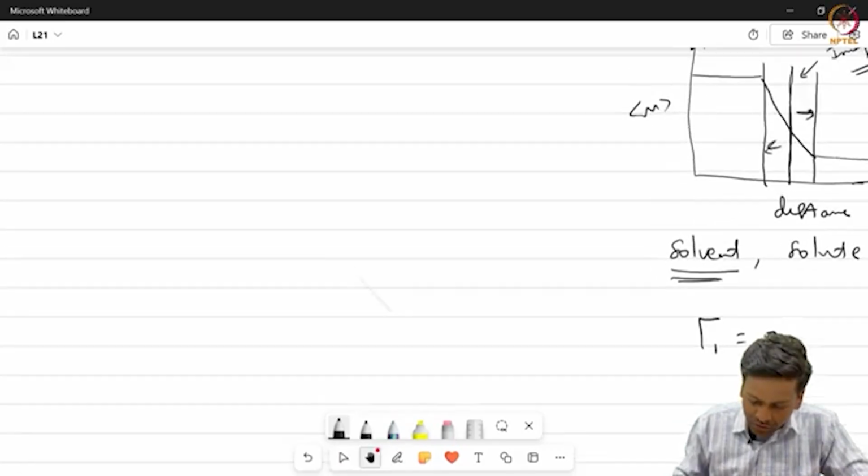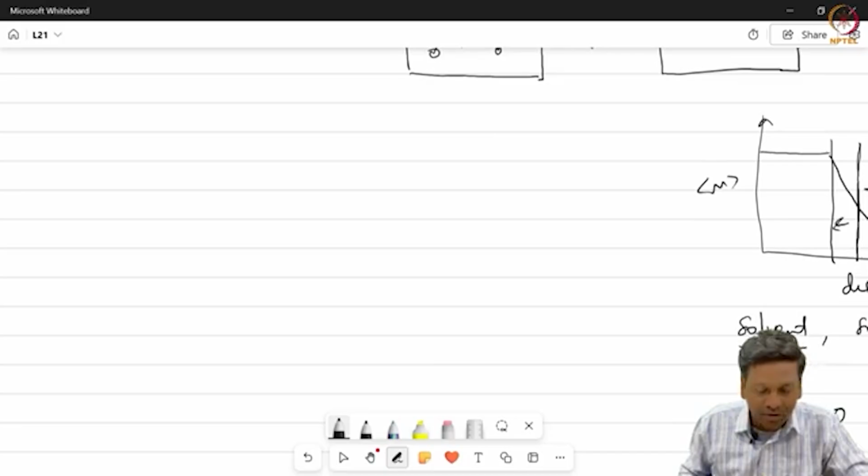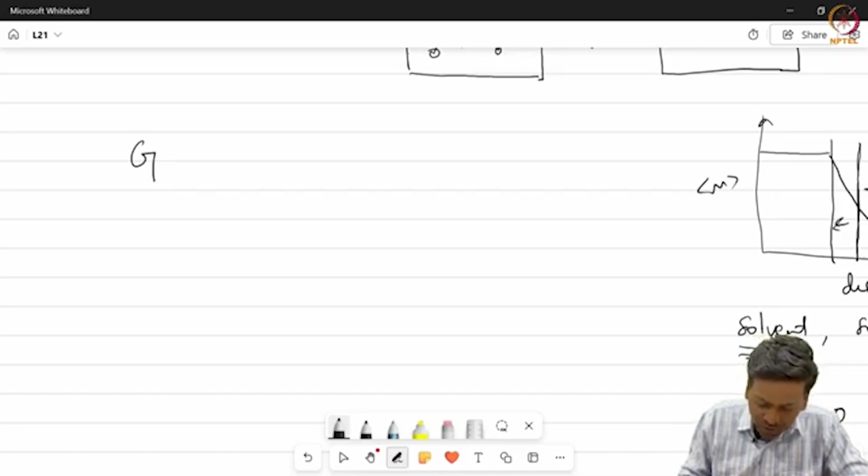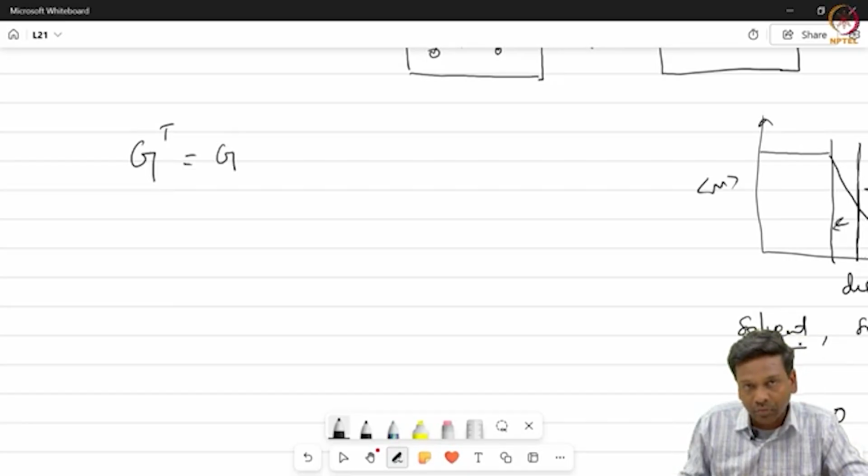Okay, so our starting point is going to be the Gibbs equation itself. Whenever we define Gibbs energy, you have three phases here.